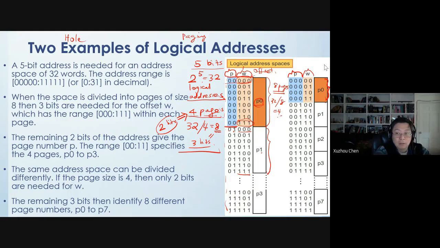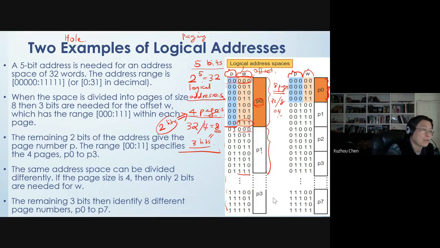Because the total logic space, which is 32, equals the number of pages times the size of each page. So if the number of pages is 8, the page size should be 4, because 8 times 4 is 32.